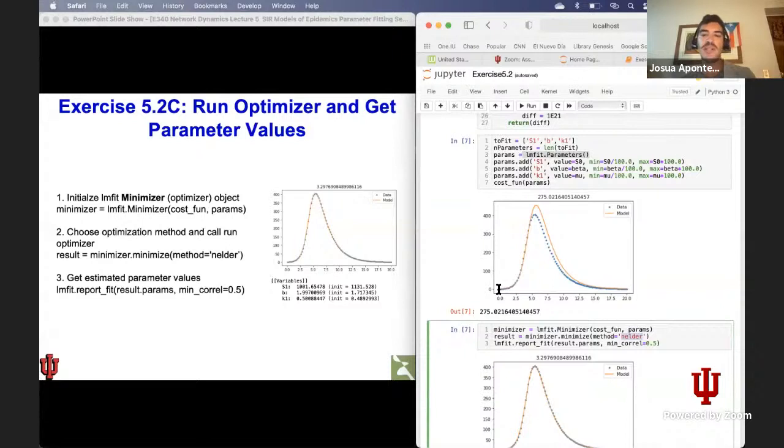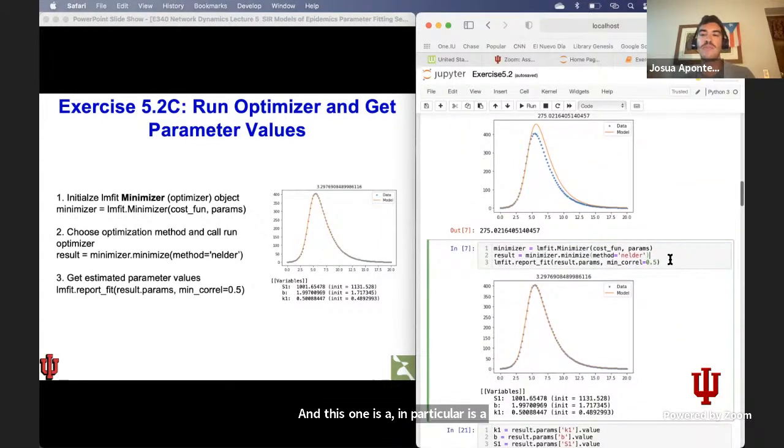We did say that the Nelder method is also called simplex. So this is that optimization algorithm where the simplex is created and it starts contracting or reflecting the simplex to try to reach the solution. And this one in particular is a local optimizer.